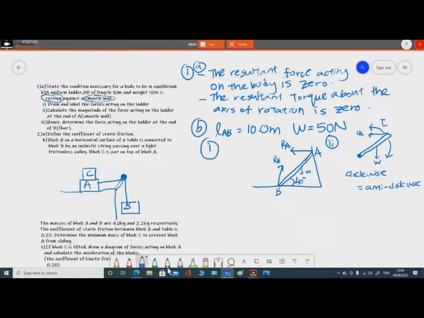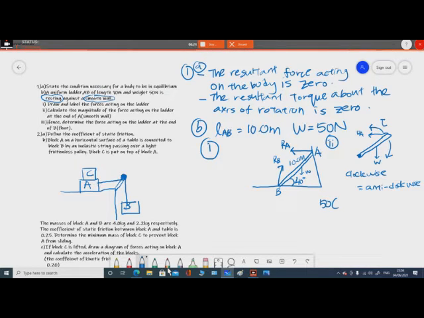Okay, so this RA, from here we can see that this one should be 10 meter. Okay, so for clockwise, this one which is the weight of the object, which is 50.